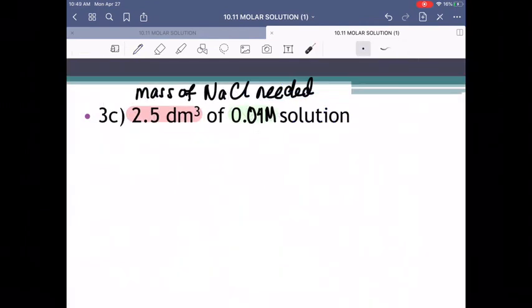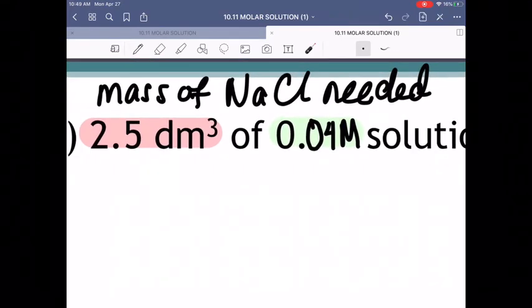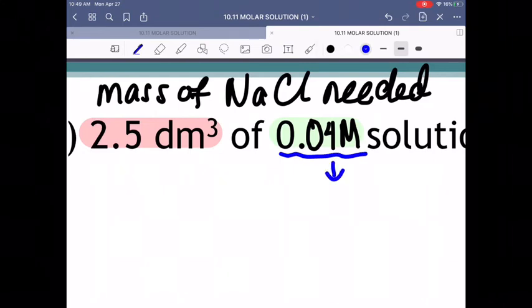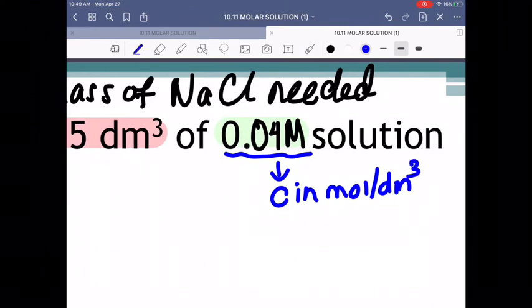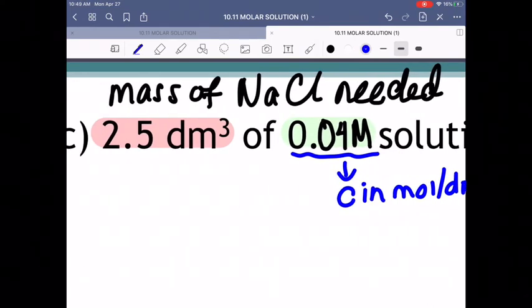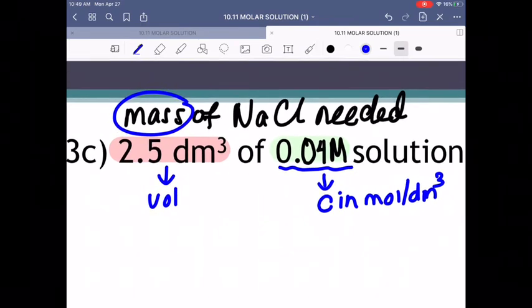Next question, 3C. What is the mass of NaCl needed to make 2.5 dm³ of 0.04 molar solution? So this M again, this is concentration in mole per dm³. This is volume. You are required to find mass.